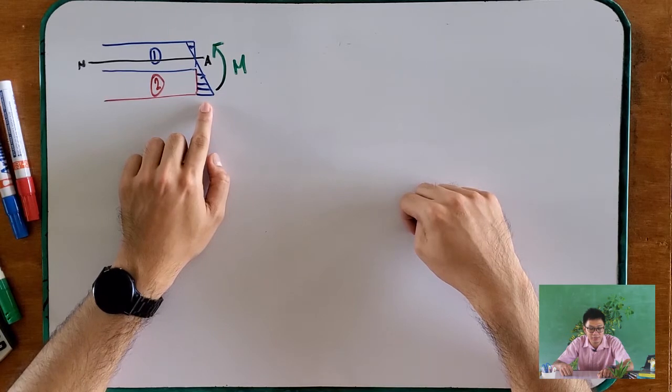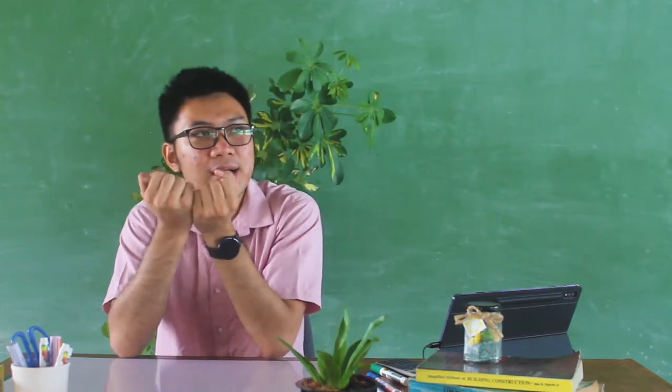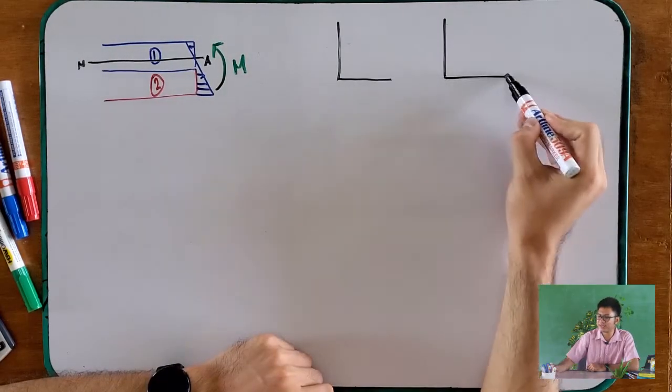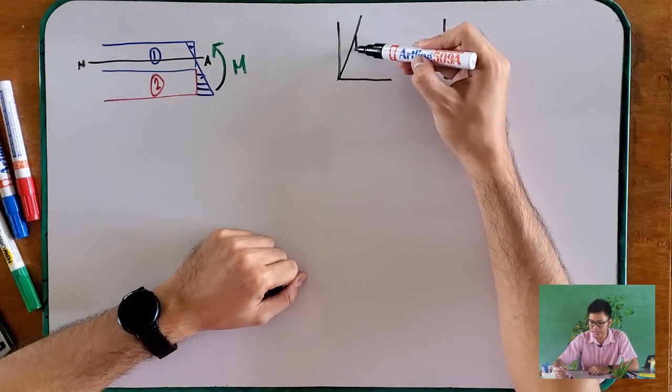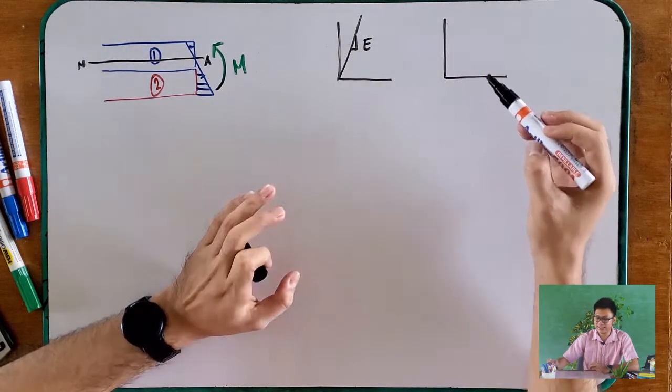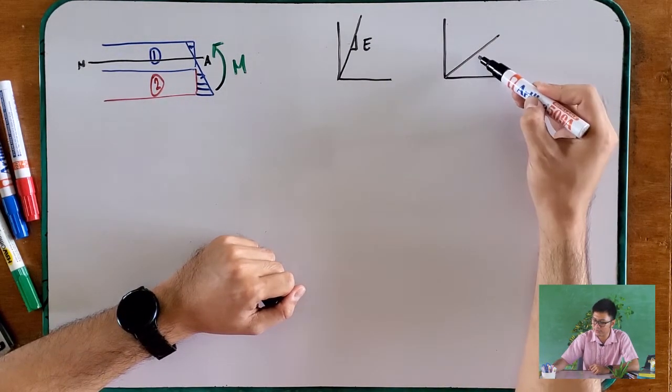So that is what happens to our strain. But the question is, how about the stress distribution of this one? Will this still behave in this kind of distribution? I don't think so. Why? Because with these materials, a stiff material at a certain elongation will have a high stress. Do you remember our stress-strain diagram? If a material is stiff, we say it has a large modulus of elasticity. If it is not stiff, it has a smaller modulus of elasticity.